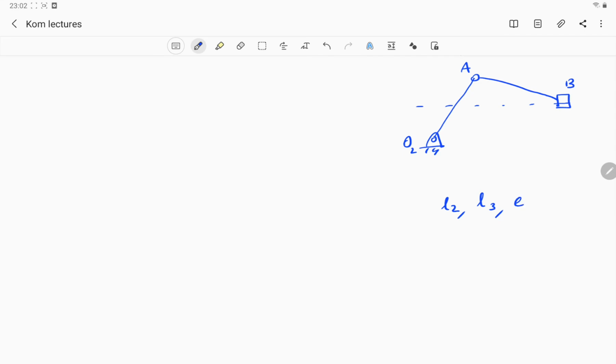What we require, once again, is BR, BL, and theta 2R and theta 2L. These are the things we need to know.